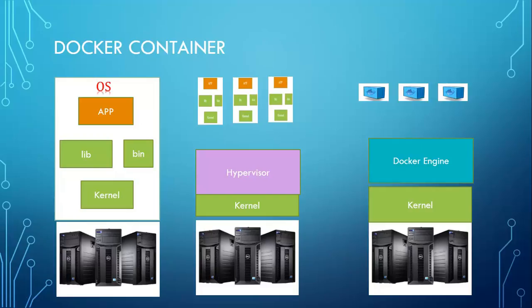The other one is virtualization. If you have worked with VirtualBox or VMware, this is the workflow of VirtualBox. You have a laptop or hardware, and on top of that a kernel, and on top of that you install VirtualBox, VMware, or whatever virtualization tool.